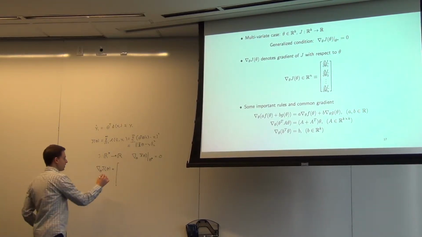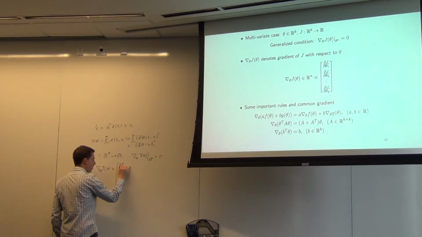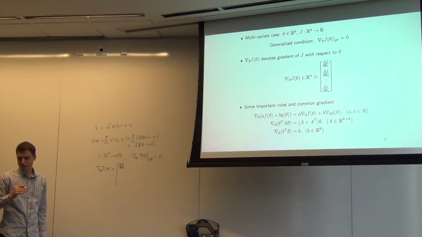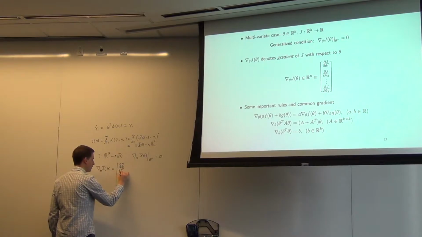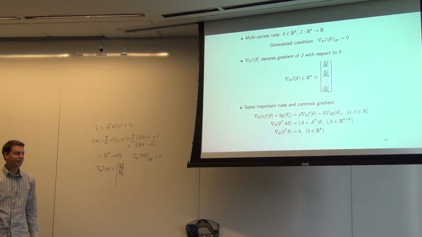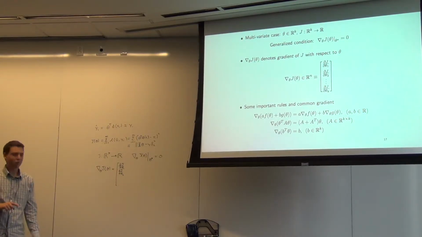So the first element here is just the derivative of j with respect to the first element theta 1. That's the first element in the gradient. The second element is just the derivative with respect to theta 2. We'll go through an example actually in the linear algebra review. Here I'm just giving the formal definition.